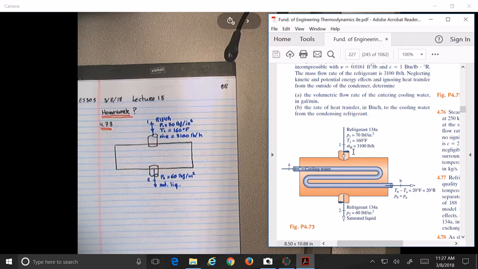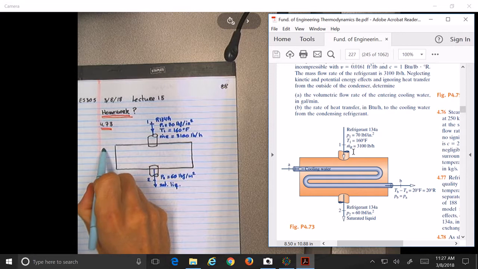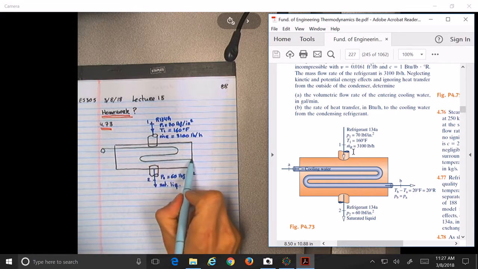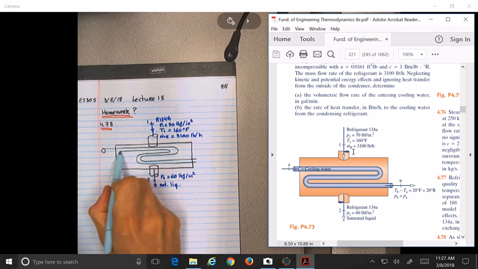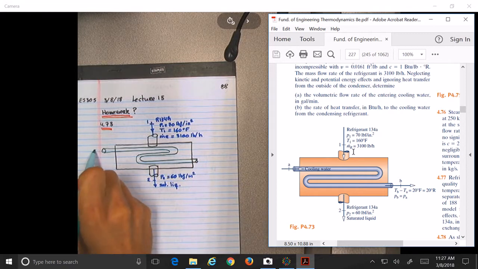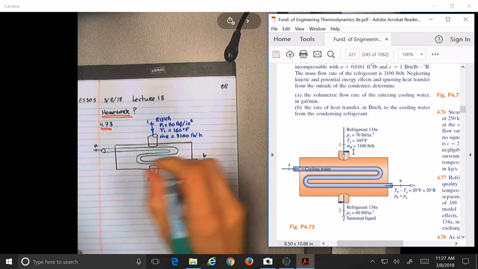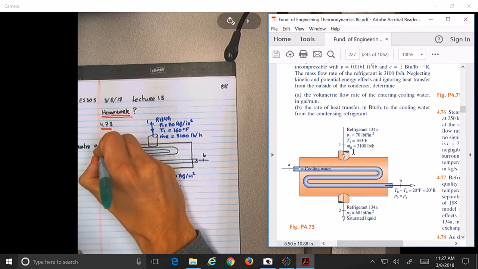On the other side, we're going to have a pipe with cooling water. So let's say this is A, this is B. So it's water going in.